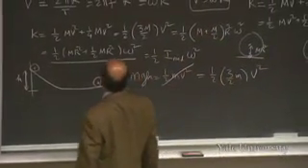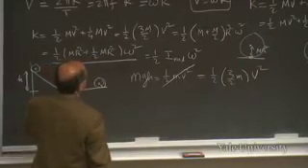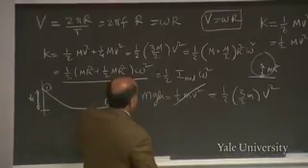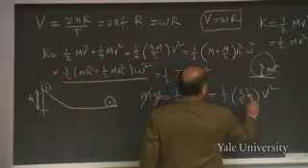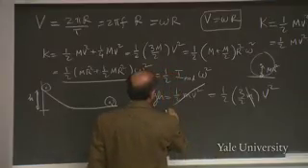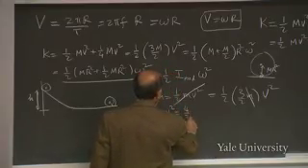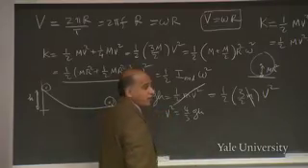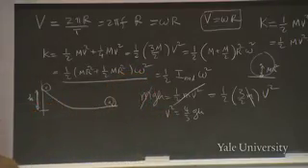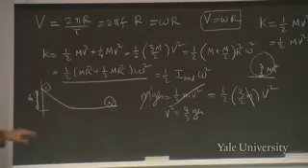Go back to whatever was done here. So you can see that if you cancel the mass, you're going to get v squared not equal to 2gh, as you normally would. You're going to get v squared equal to 4/3 gh. So it'll be moving somewhat slower than a point particle. So if it rolls without slipping, then you will be traveling slower at the foot of the ramp.